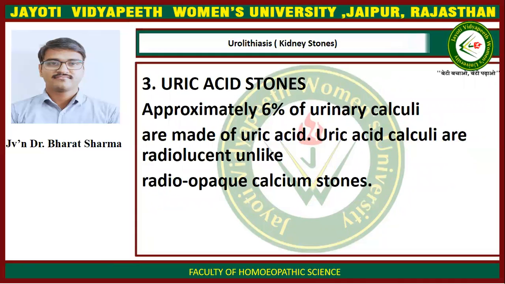Uric acid stone. Approximately 6% of the urinary calculi are made of uric acid. Uric acid calculi are radiolucent, unlike radio-opaque calcium stones.